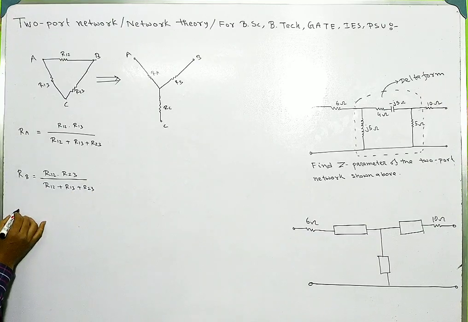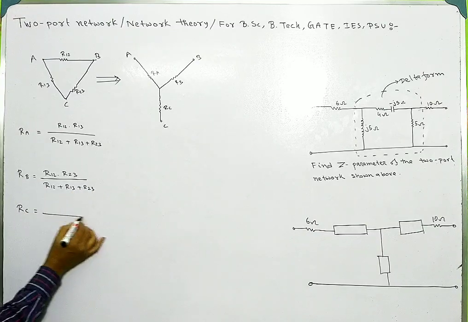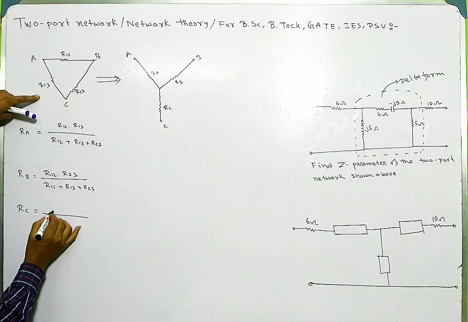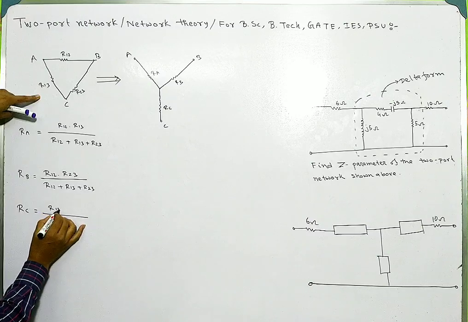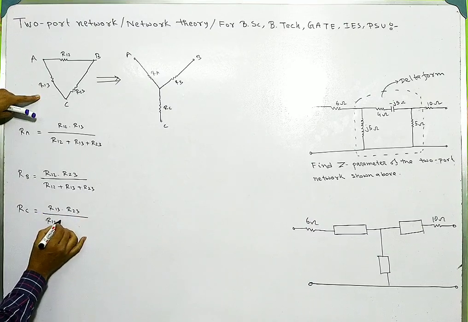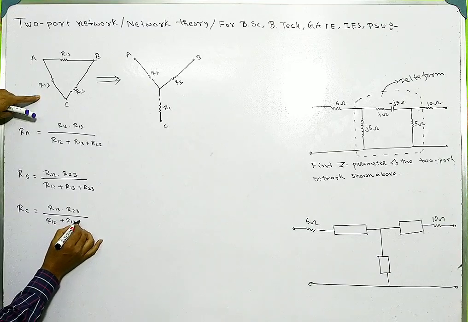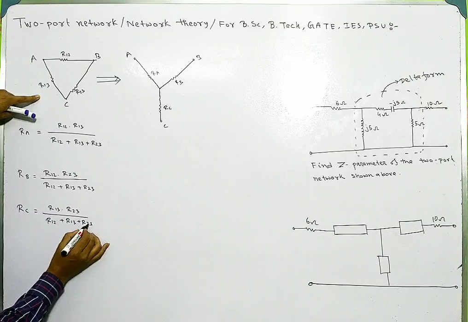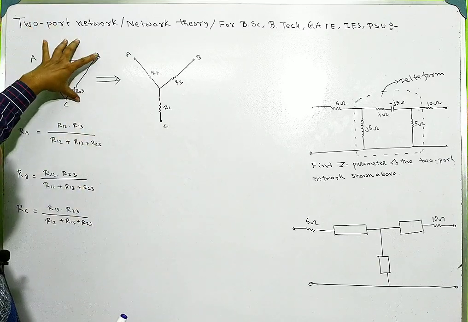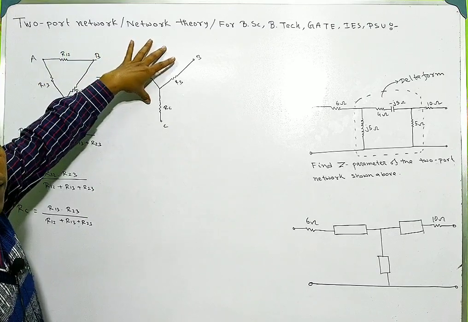And similarly RC is given by the multiplication of these two resistances, R13 into R23, divided by the summation of these three resistances. This is the formula for transforming a delta form into a T form or star form.